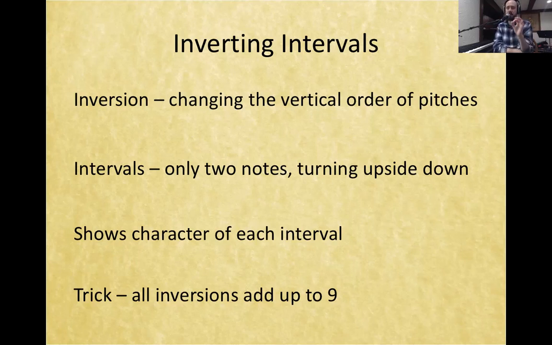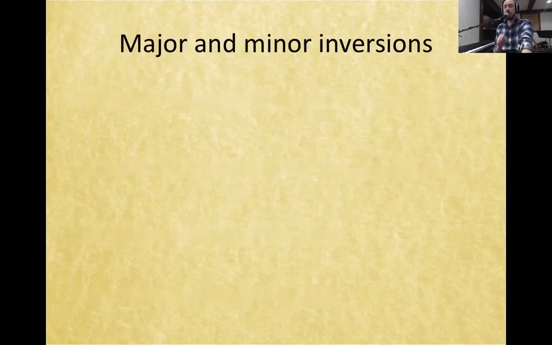And the trick is that when we think about both pairs of the inversion, their quantities are going to add up to 9 every time. We'll see this in a second, but keep that number in mind. 9 is the magic number for thinking through inversions of intervals in music. I don't want to give too much away there. Let's get an example here, and keep that idea of adding up to 9 in mind.